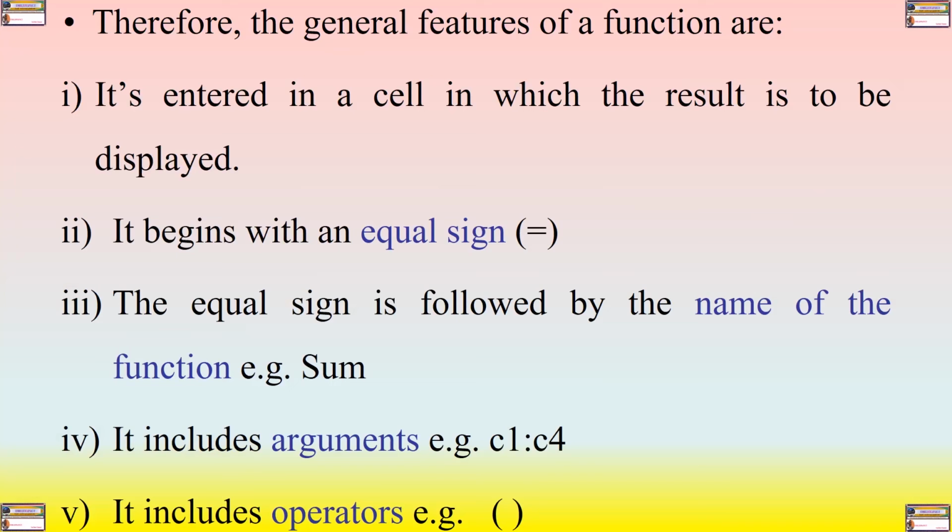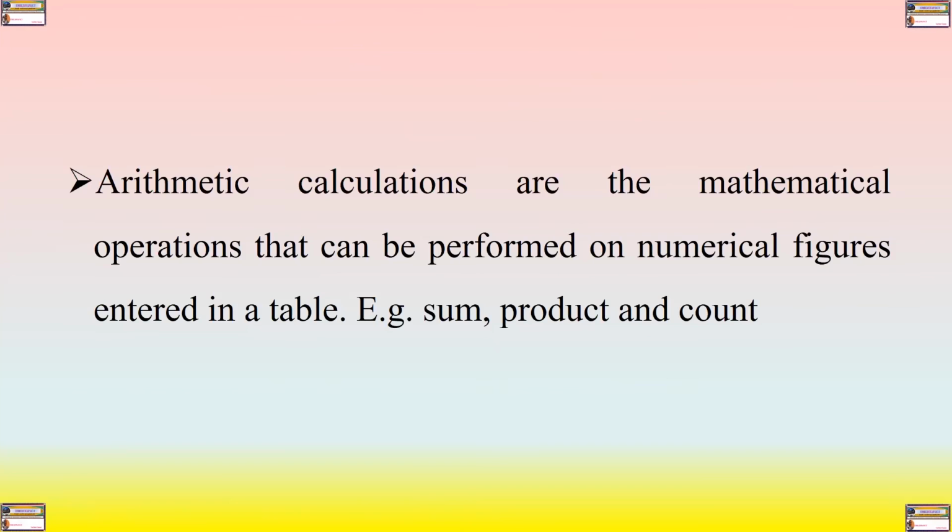It includes operators, for example, opening bracket and closing bracket. Arithmetic calculations are the mathematical operations that can be performed on numerical figures entered in a table, for example, sum, product, and count.